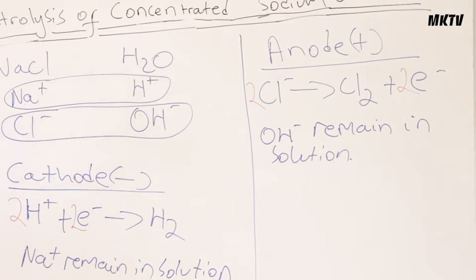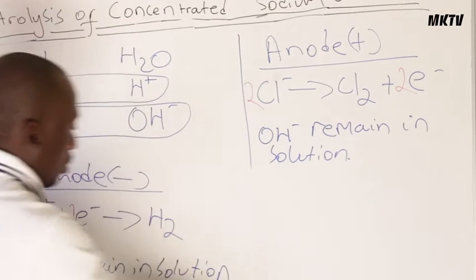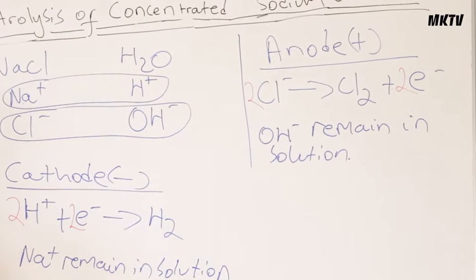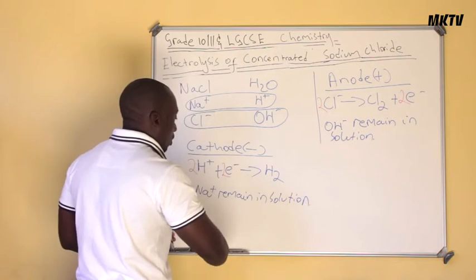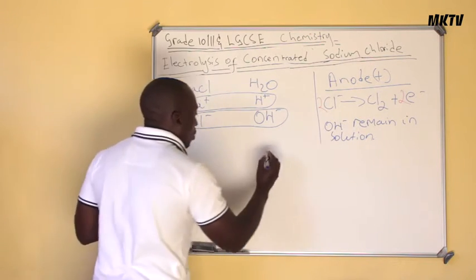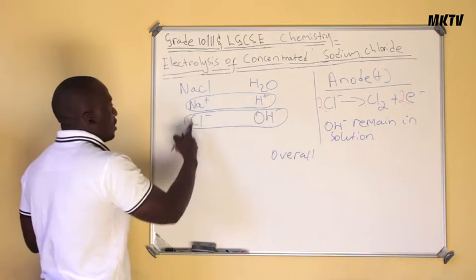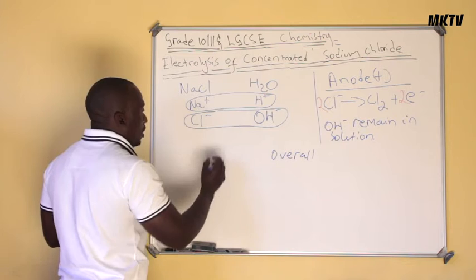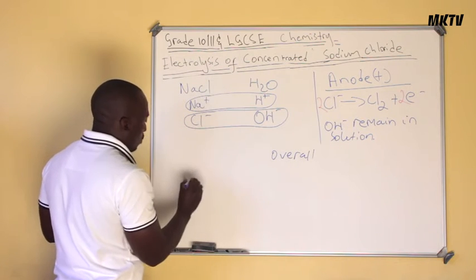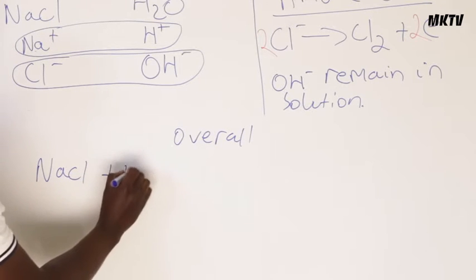Now, we are going to have the summary, which means we are going to have an overall reaction that takes place when concentrated sodium chloride is being electrolyzed. So our overall reaction: we have sodium chloride plus water.